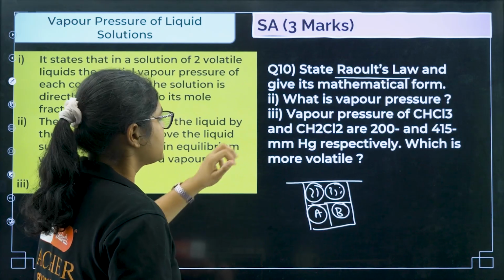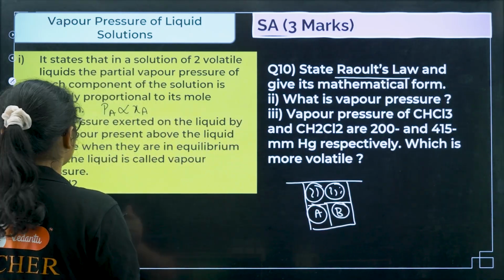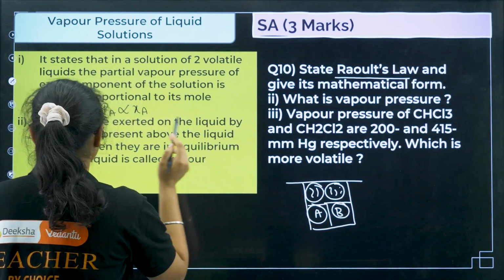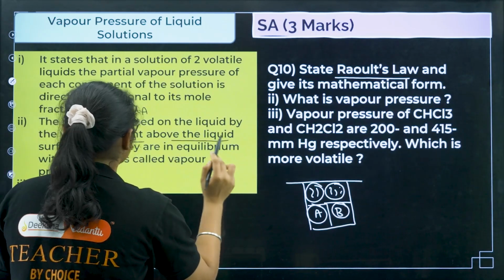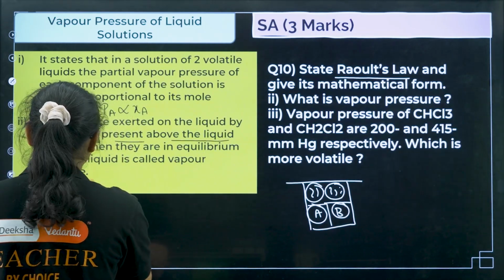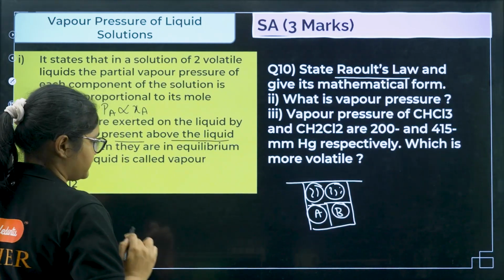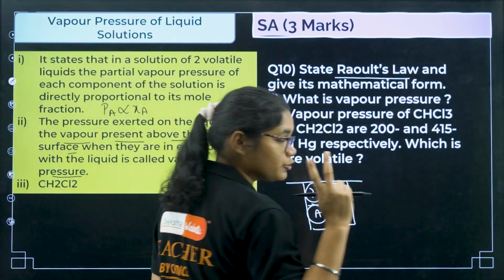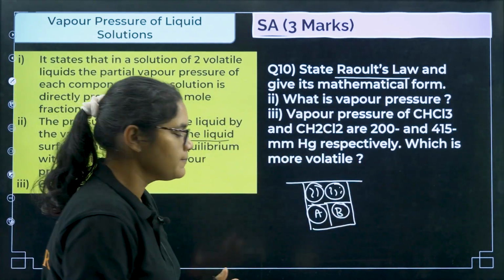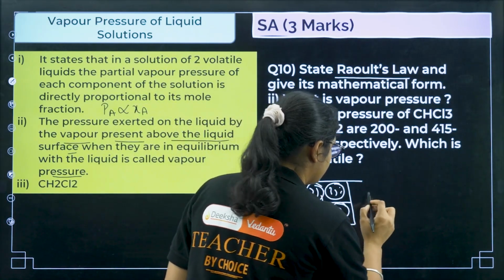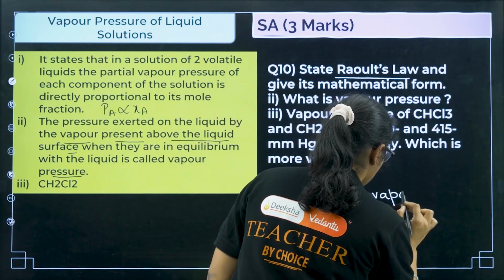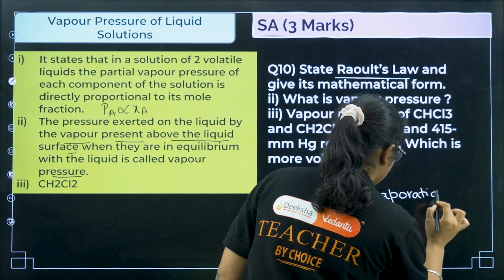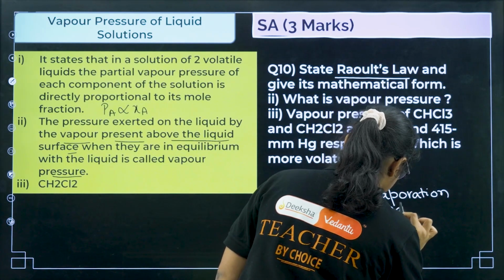Next, what is vapor pressure? The pressure exerted on the liquid by the vapor present above the liquid surface when they are in equilibrium with the liquid is called vapor pressure. Now see, what happens here is, in this container there are two processes happening together. One is A and B evaporating, so evaporation, and another is condensation.